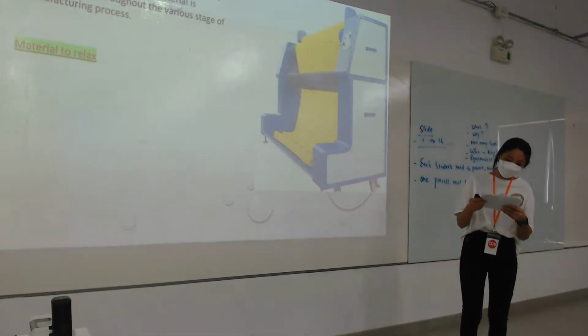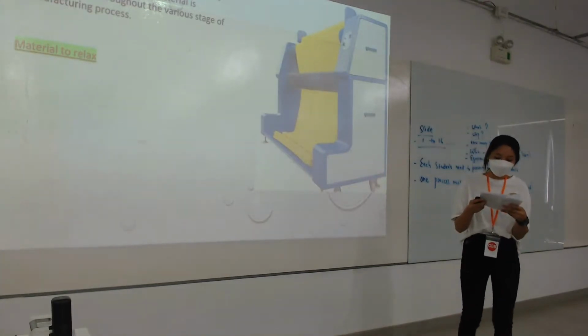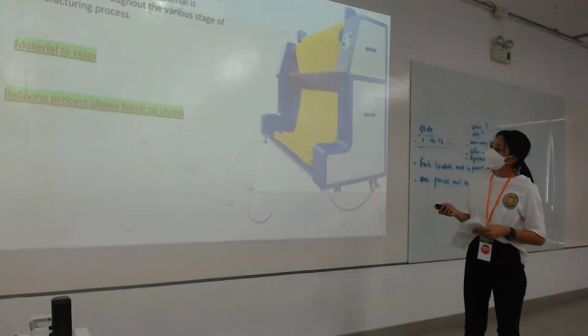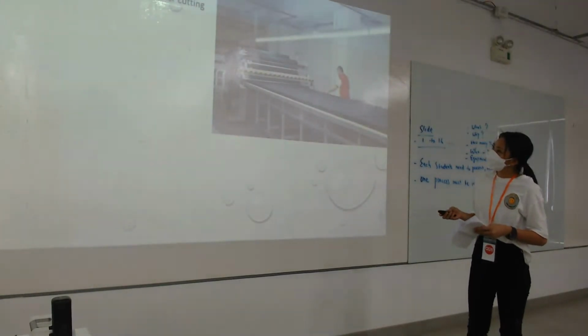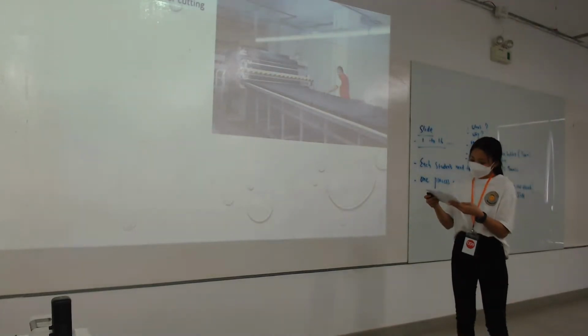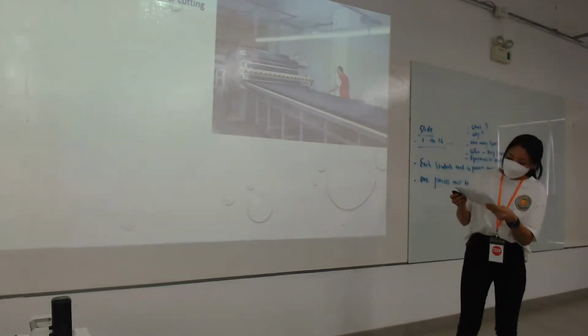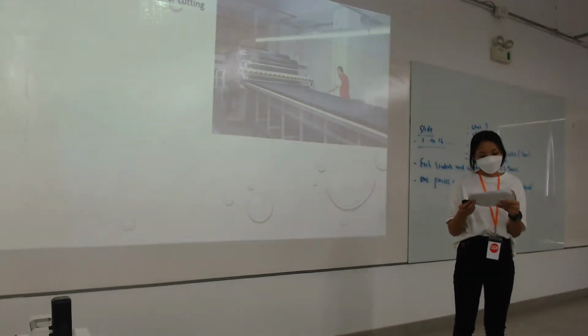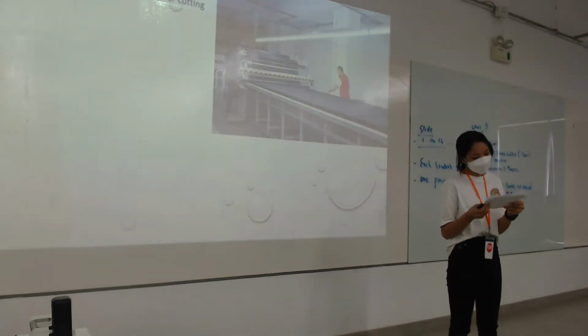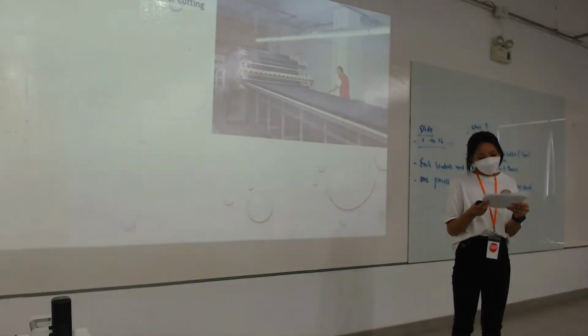The third step is spreading from layer cutting. Spreading is the process of unwinding the roll of fabric into long lengths on a table in preparation for cutting pieces of a garment.